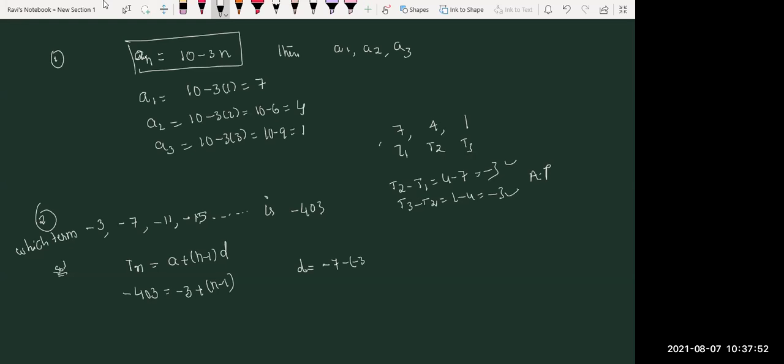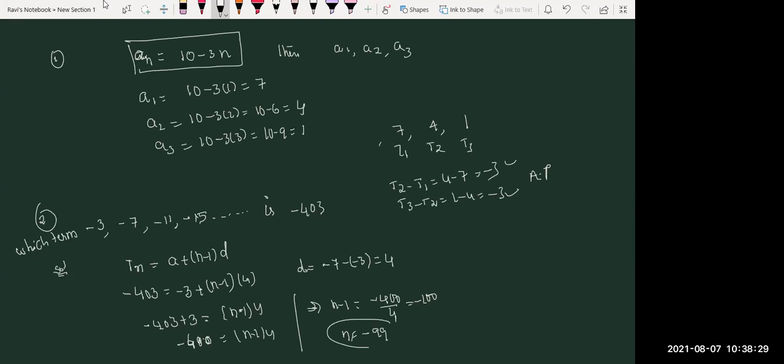Minus 403 minus 3 gives minus 406, correct? So minus 400 equals (n minus 1) times minus 4. So n minus 1 equals how much? Minus 100 divided by minus 4, so 100, sir.